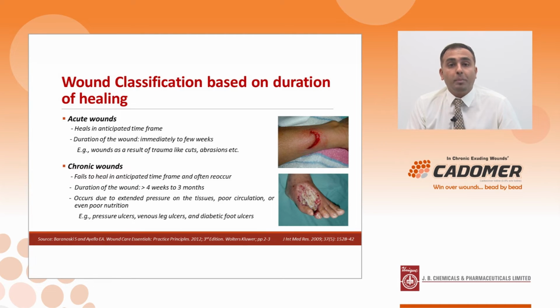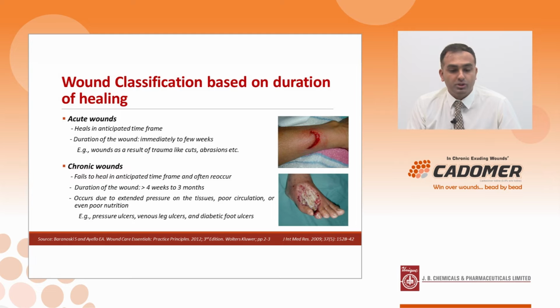It can go beyond 2 weeks, beyond 4 weeks, and it can even take several months to get healed. You can see clearly from the diagram, a chronic wound is a complicated wound wherein the underlying structures like the muscle and even the bones are getting exposed. Such wounds would take much time to get healed. It would take around several months to heal.